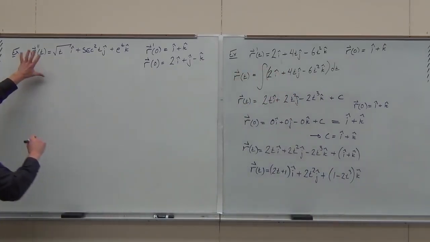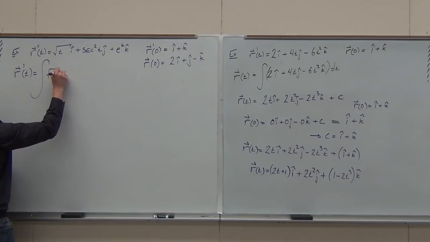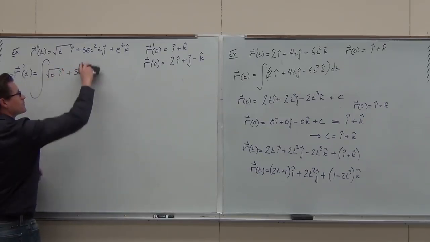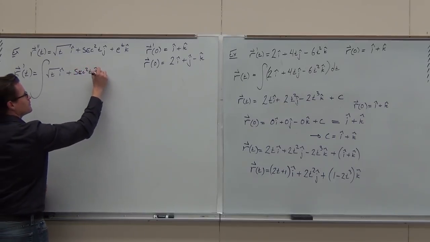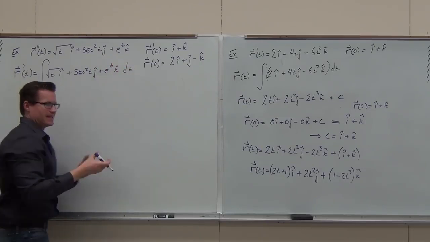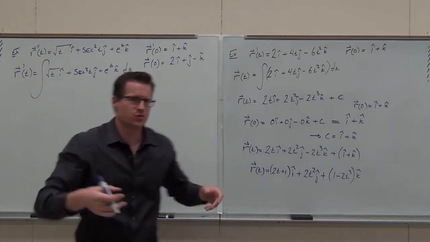How we get rid of any sort of derivative is with an integral. So if I have a second derivative, I can integrate and it raises me up a derivative, basically. If I have a second derivative and I integrate, I get a first derivative.